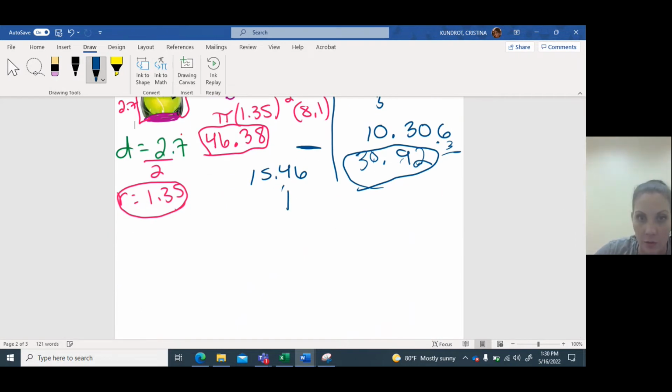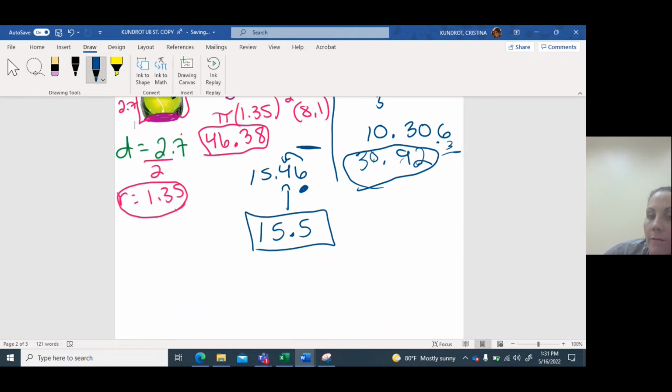Okay, I am going to look right here. Remember, if this number is 5 or more, then this guy here is going to go up. If it is less than 5, then this number here stays the same. So this is actually going to round to 15.5. And in this case, it's going to be inches cubed.